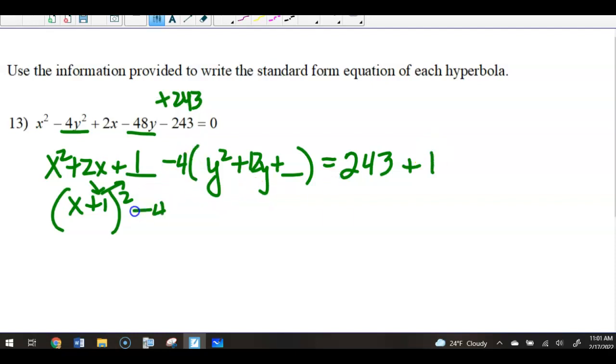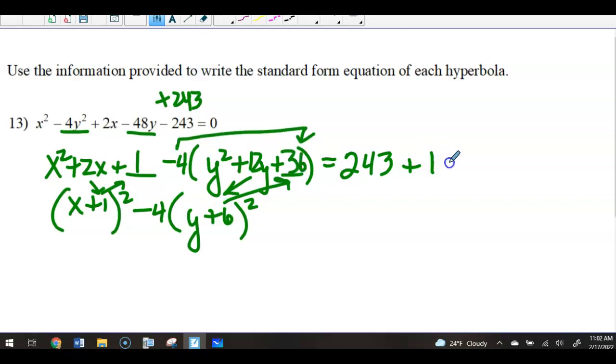This guy, though, has a -4 out front. Half of this would be y plus 6. Squaring it is 36. And I'm adding -4 36s over here. I think it's 100, if I remember.